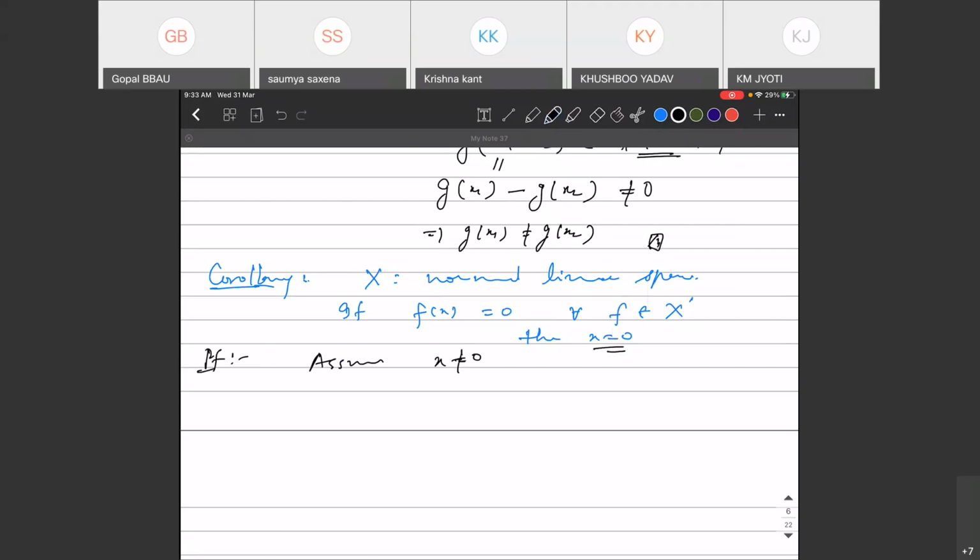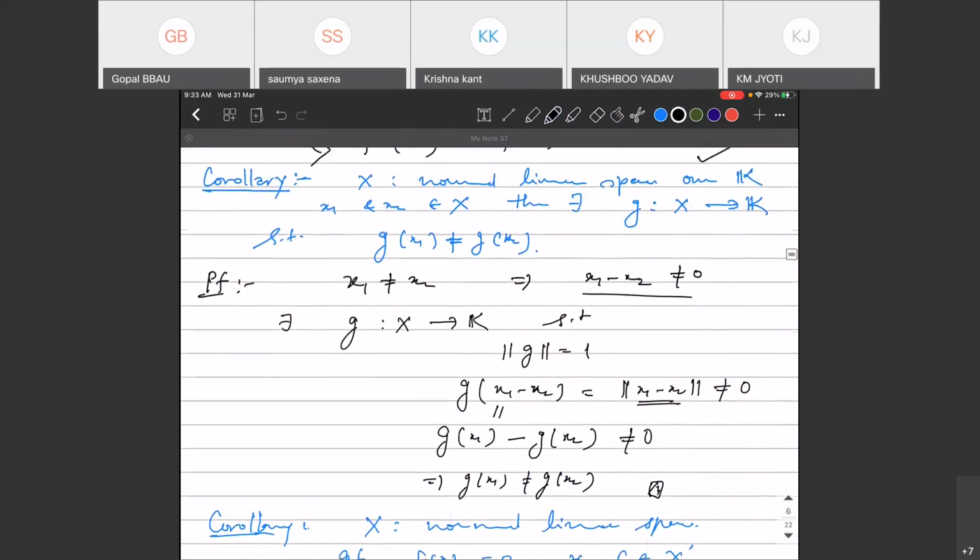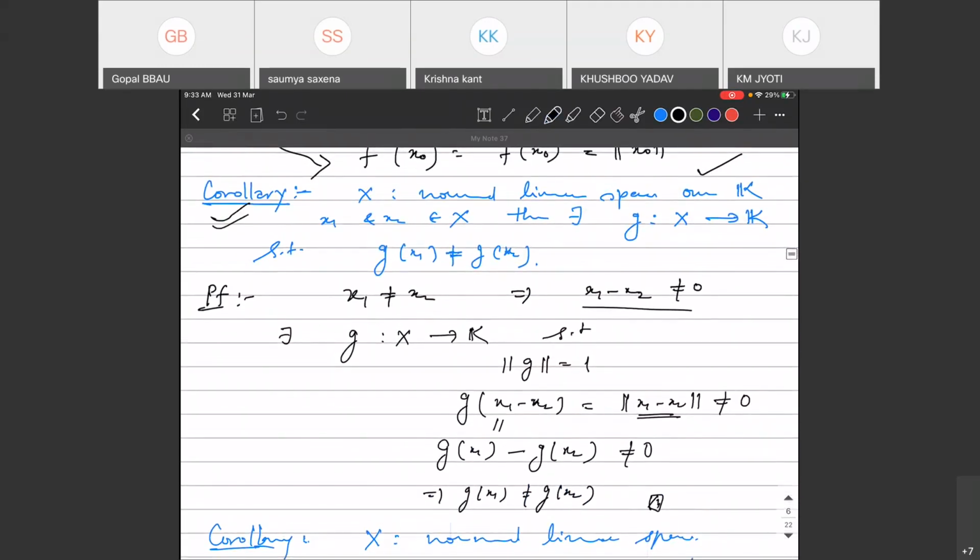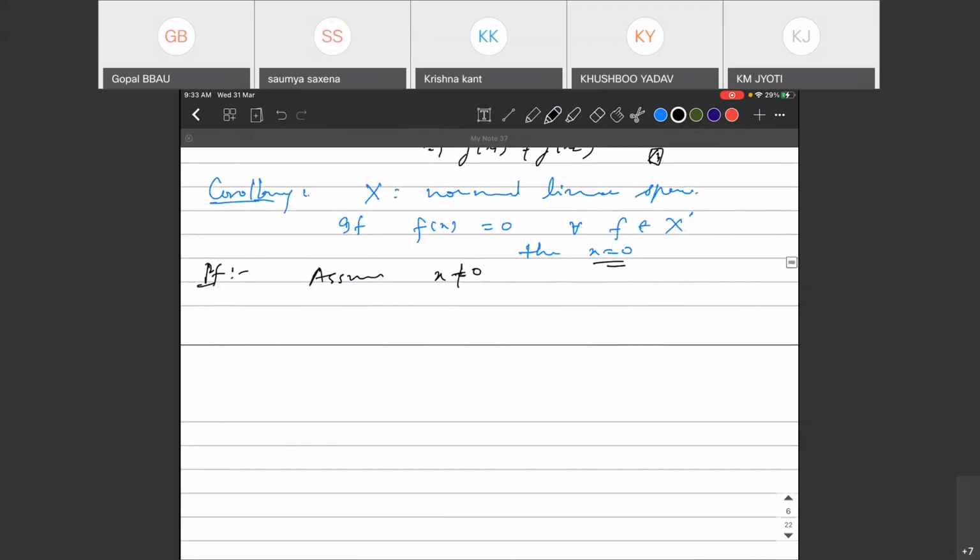Correct? Then from our theorem, this corollary, we will get a bounded linear functional g in X dash such that g(x) is non-zero.